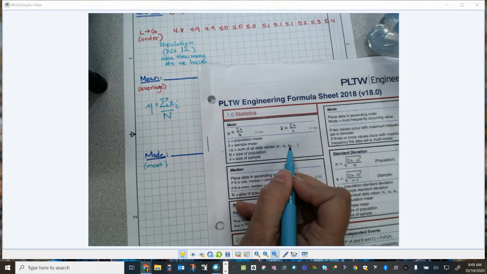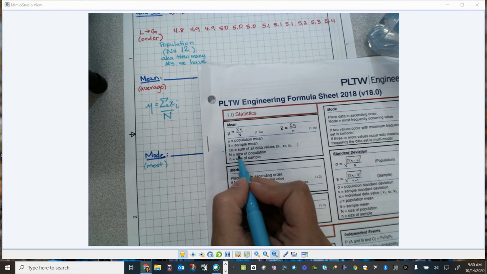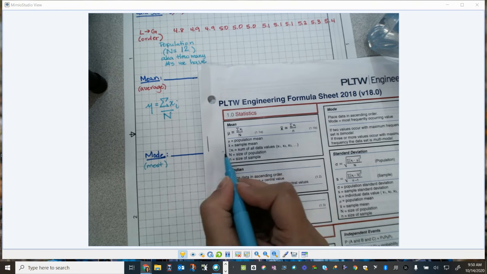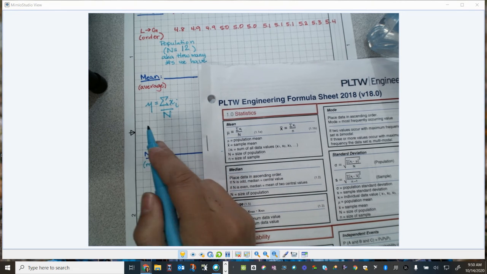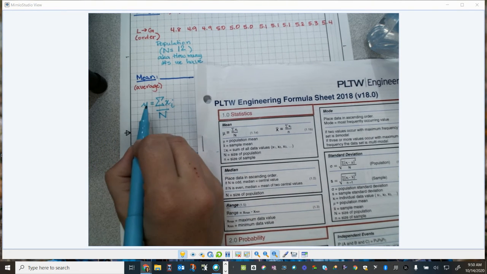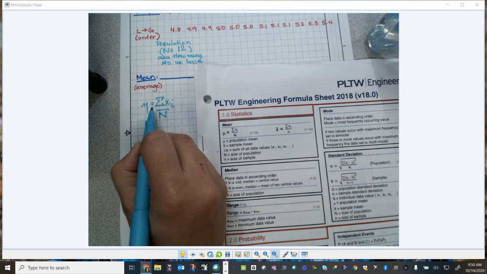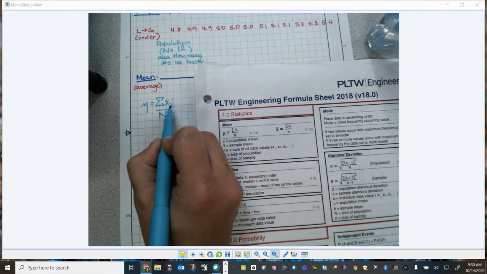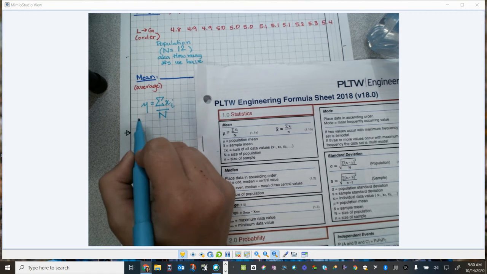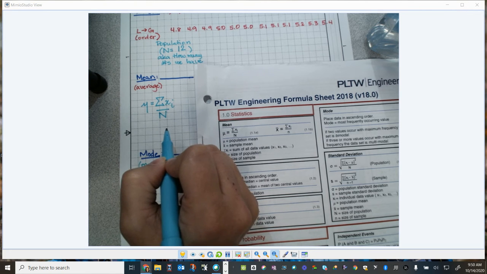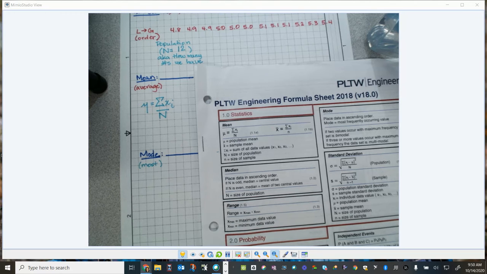Add them all up. What you learned in middle school, it just looks a little different. N is the size of the population. Divide it by how many numbers you have. So this crazy looking notation means the mean is found by adding up all your numbers and dividing by how many numbers you have. All of that is represented in symbols to make it a little bit more efficient once you understand what those symbols mean.